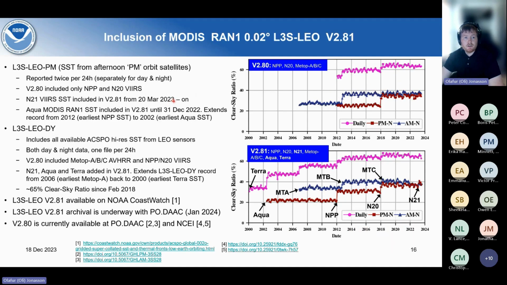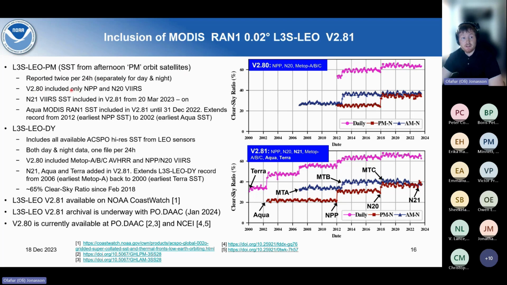As I mentioned before, the primary motivation for this MODIS RAN was inclusion in or extending L3S-LEO. This slide covers the inclusion of MODIS RAN1 in L3S-LEO version 2.81. There's the PM orbit, L3S-LEO PM, from afternoon PM orbit satellites. These products are reported twice per 24 hours, like I mentioned earlier.